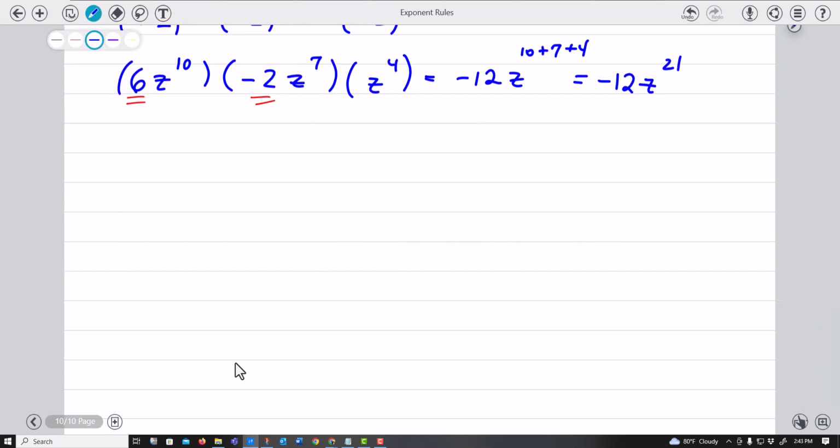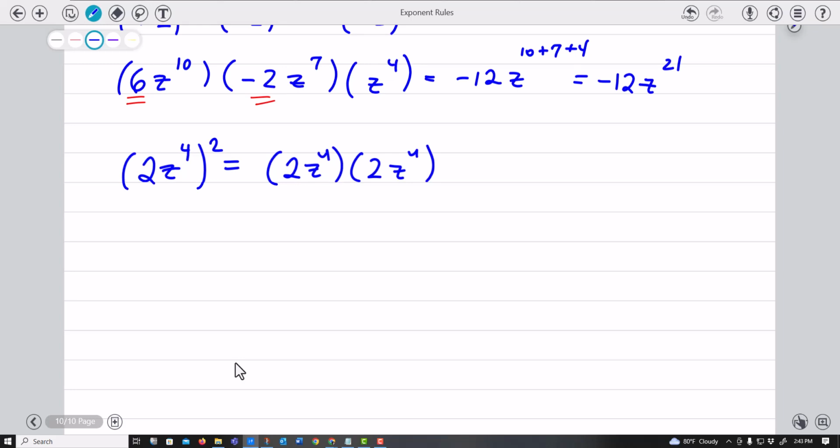All right, so next if I have something like 2z to the 4th squared. Again, if we didn't have the rules, then you would just say 2z to the 4th times 2z to the 4th. And then you could break these down as well.